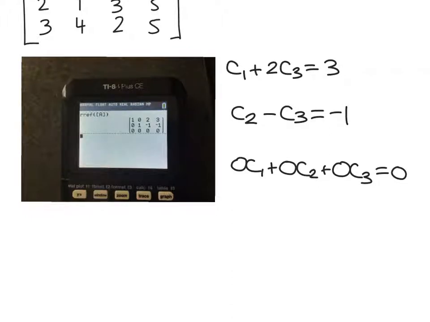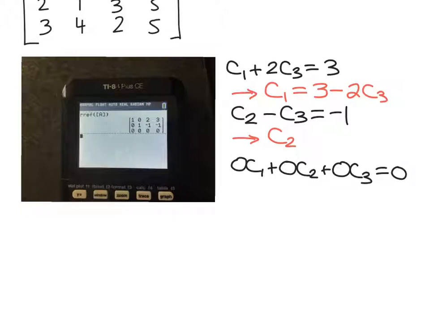All right, so for my first equation, I'm going to solve for C1. So C1 is equal to 3 minus 2C3. For my second one, we're going to solve for each variable.